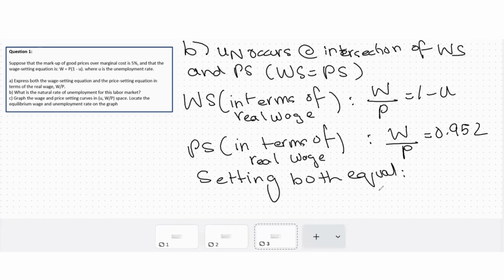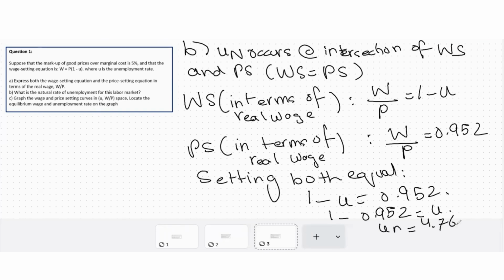So when we set both equal, we get 1 minus U is equal to 0.952. So 1 minus 0.952 is equal to U. So UN is equal to 4.76%. This is the natural rate of unemployment, which occurs at the intersection of the WS and PS curves.